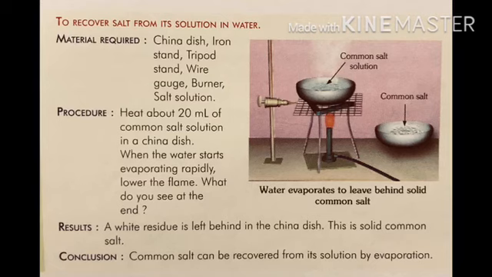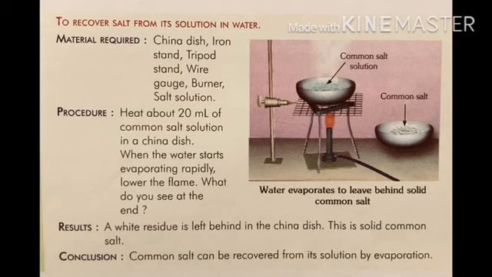What do you see at the end? All the water in the china dish gets evaporated and a white patch is formed inside the china dish. Result: a white residue is left behind in the china dish.